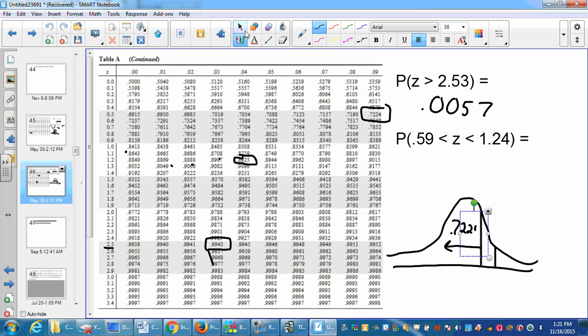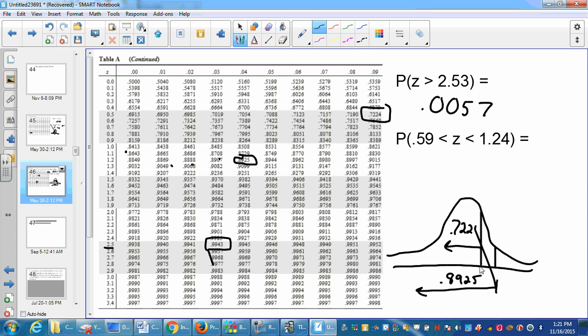But if I want to go from here to here to the left, that's 0.8925. So if I want to find out what's in between those, I have to subtract them. 0.8925 minus 0.7224, I'll get 0.1701. And so that's how I find my value in between.